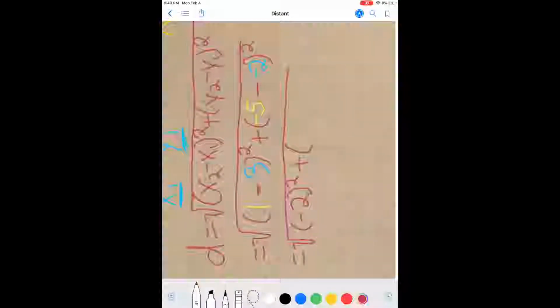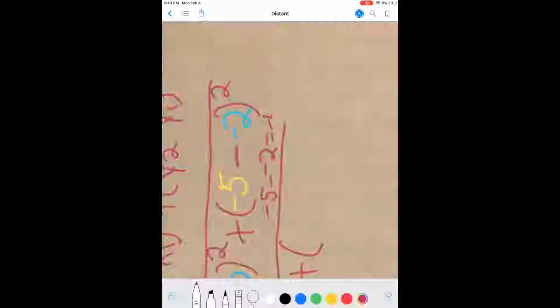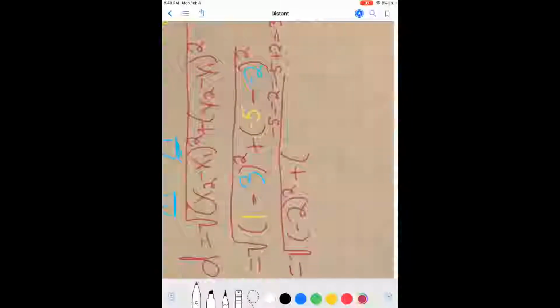Then we have -5 subtract -2. Well, -5 subtract -2 is the same thing as saying -5 plus 2, which we've already talked about is -3. So in our second parentheses, we're going to have -3 squared.